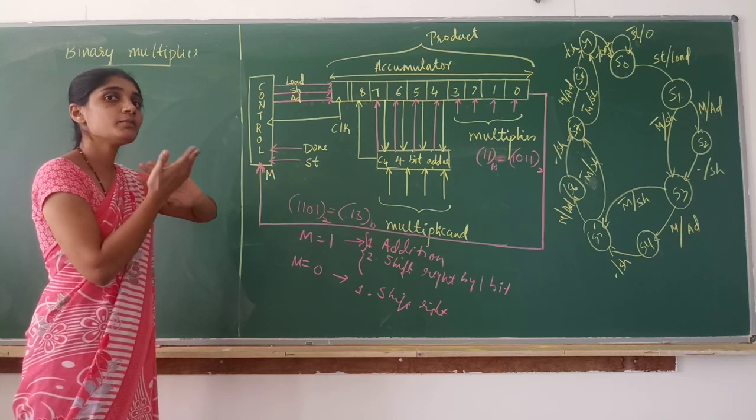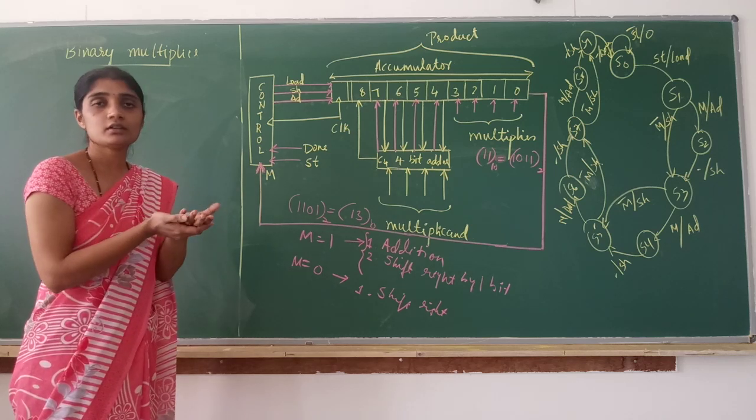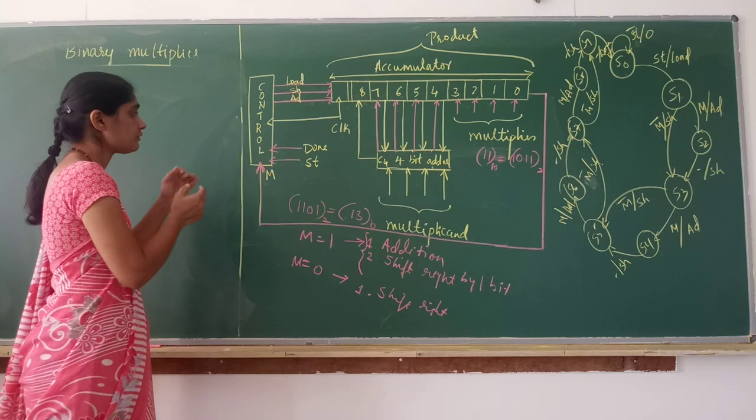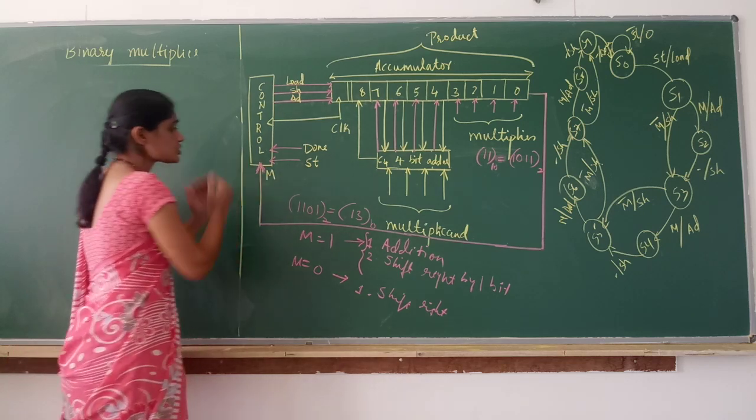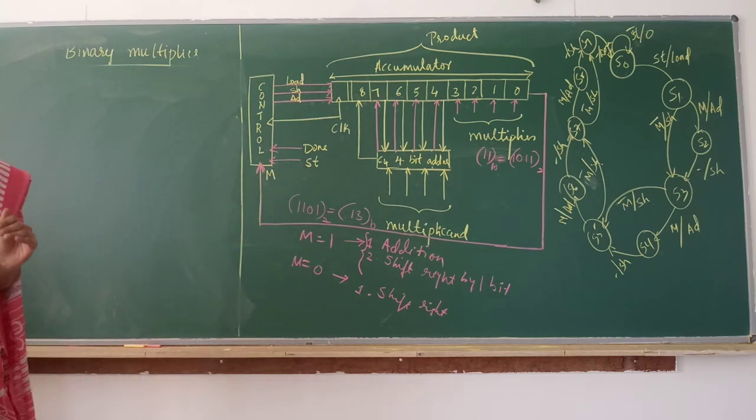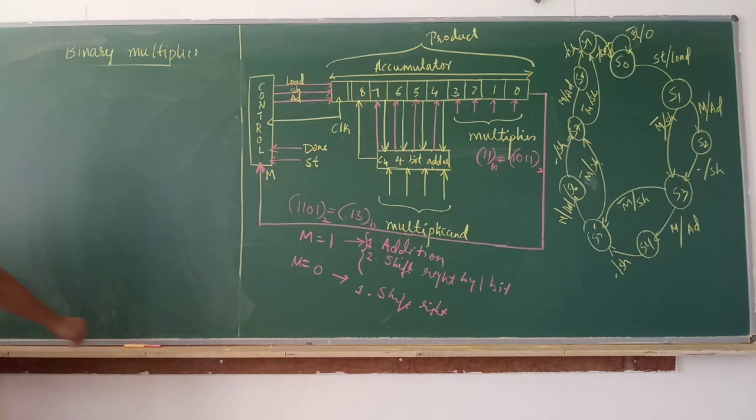If the multiplicand and the multiplier are of n bits, if more number of bits, then we must have a control unit to keep a count of the number of shifts that are out from the control unit. Let me explain again. We have the control unit which gives out load, add, and shift operations, correct?